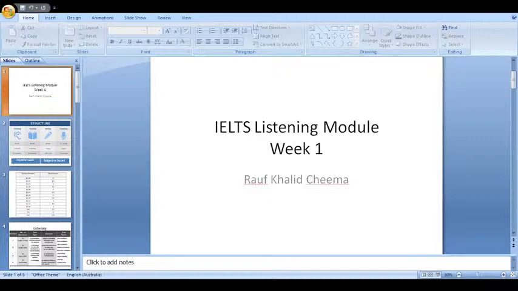So for example, in section 1 we have the task types of note completion, form completion and table completion. These 3 types of questions are usually asked in section 1. And when it comes to section 2 of the listening test, the number of questions is the same, 10 questions, and there is a monologue, meaning a single speaker is speaking and giving information.